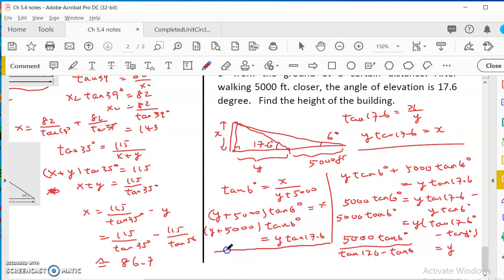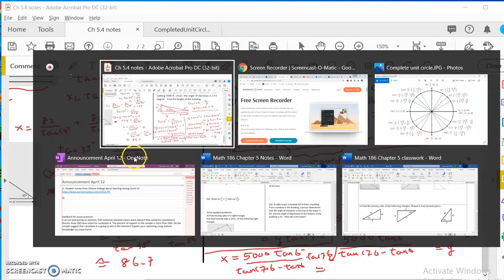So I'm going to plug this back in: x equals y, which is 5,000 tangent 6 over tangent 17.6 minus tangent 6, times tangent 17.6.